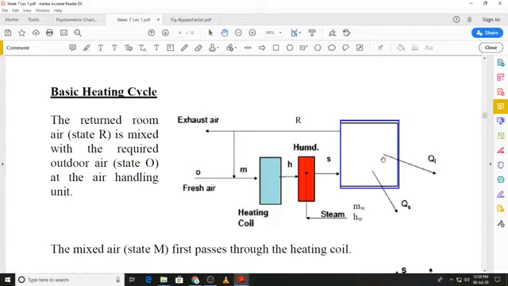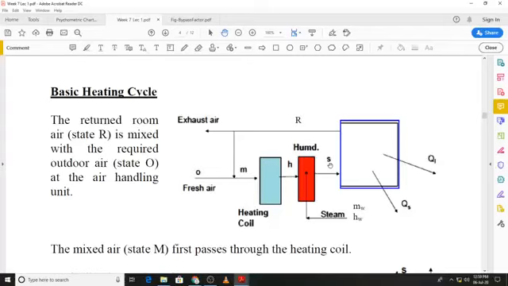The state inside the space is represented by the letter R. So R represents the state of the air in the conditioned space. The S shows the state of the supply air.